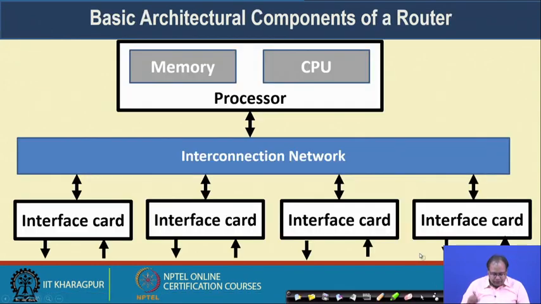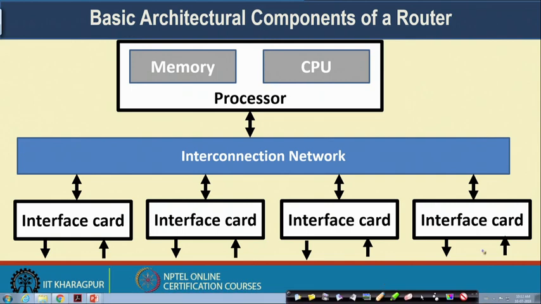Well, so these are the basic architectural components of a router. You have a general purpose processor, which has a memory component and a CPU component. The processor is connected to multiple network interface cards through an interconnection network inside your router hardware.